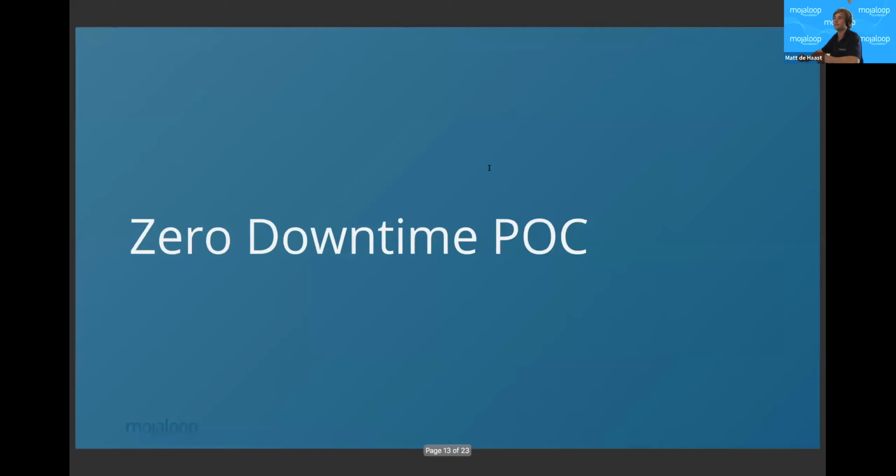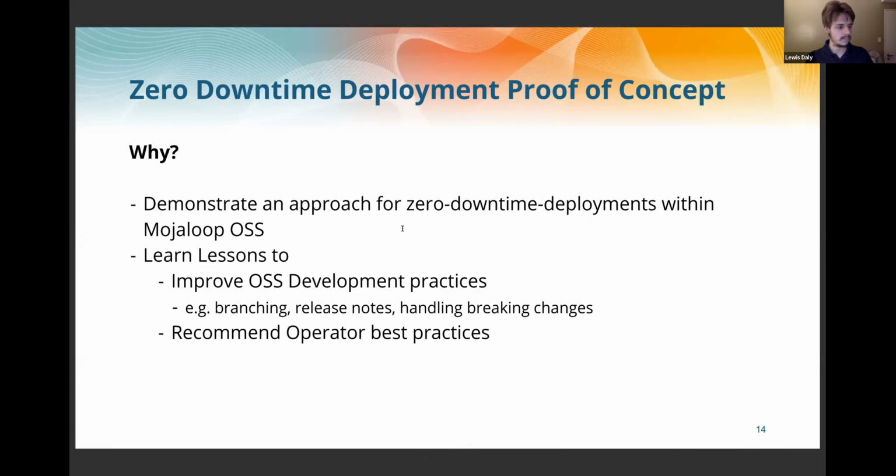Cool. Thanks, Matt. So the last thing to share with you is the zero downtime deployment proof of concept. Being mindful of time, we've shared some of this before. Basically, our goal here is to demonstrate an approach for zero downtime deployments with Mojaloop.